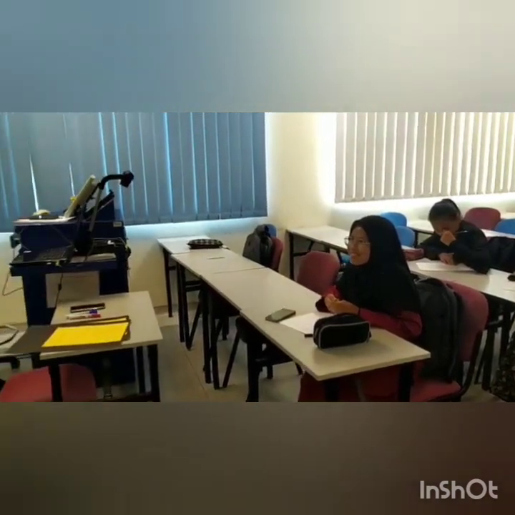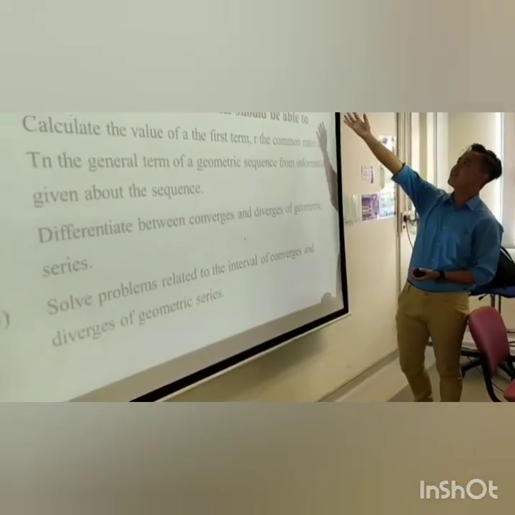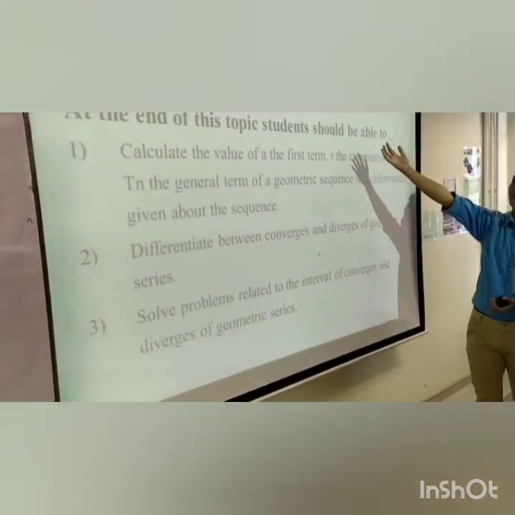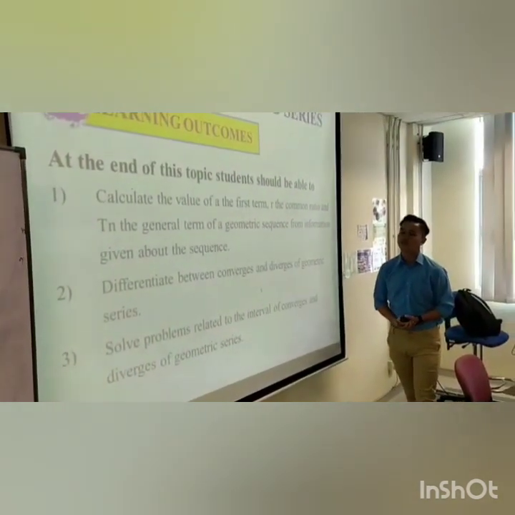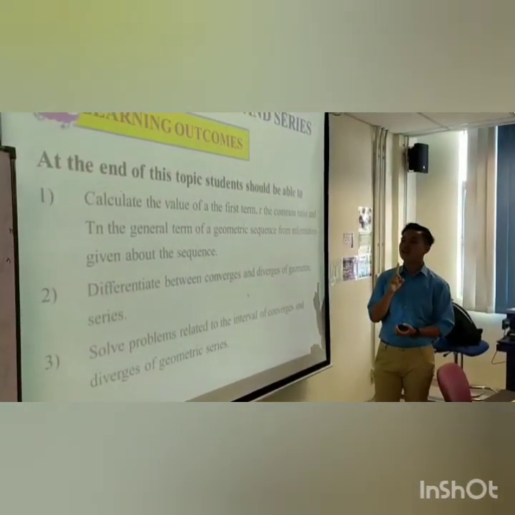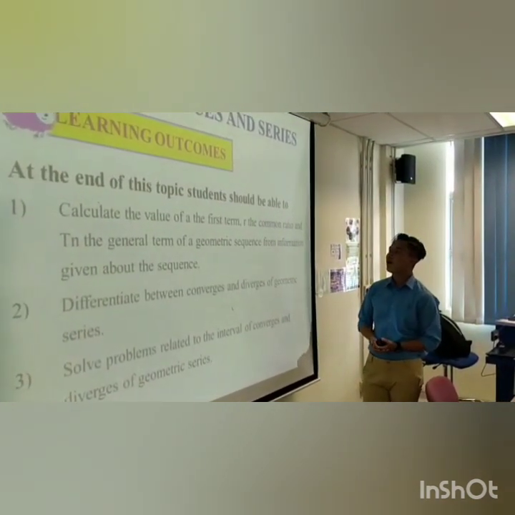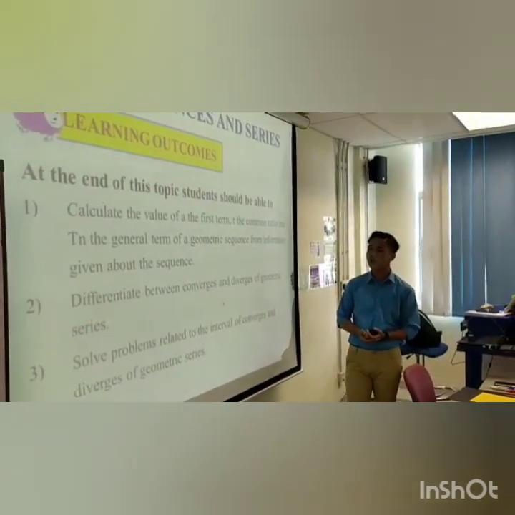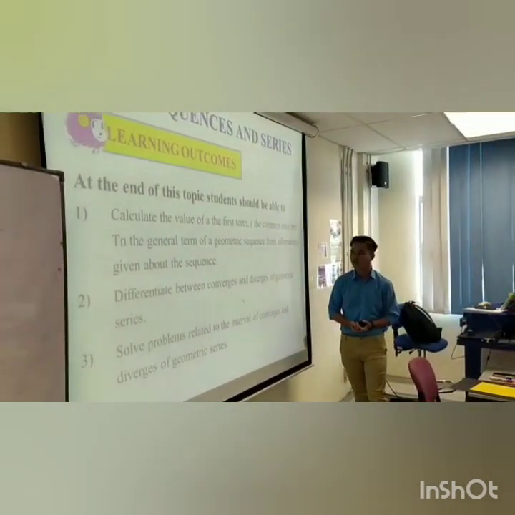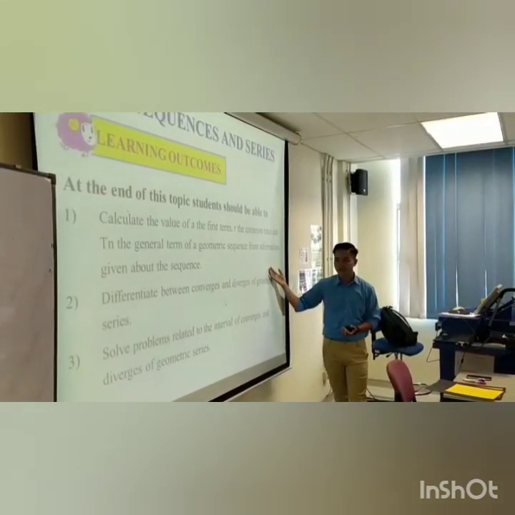Okay, so moving on, next slide. Sequence and series learning outcomes. At the end of this topic, students should be able to first calculate the value of A, the first term, R, the common ratio, and Tn, the general term of a geometric sequence from information given about the sequence.